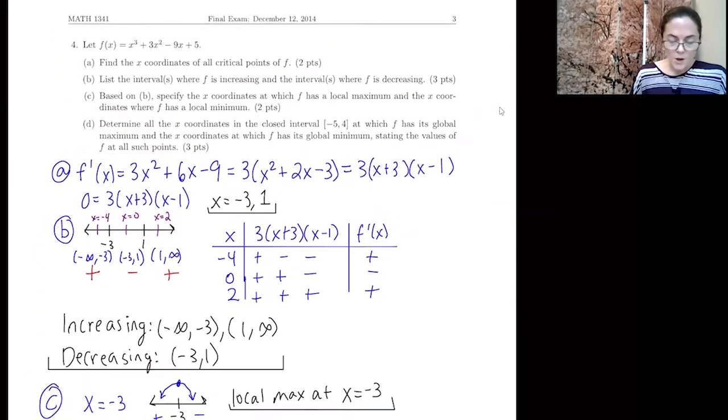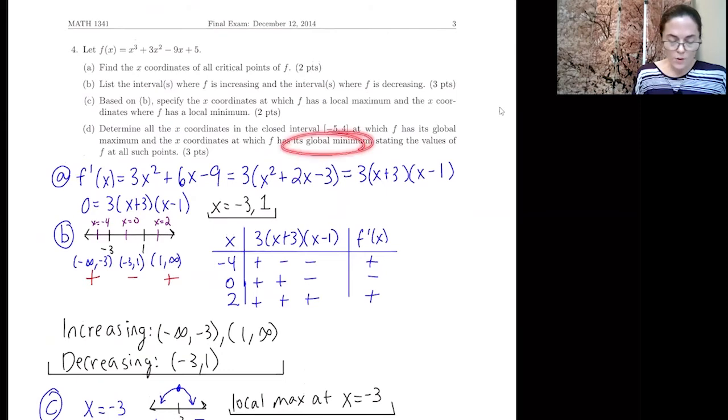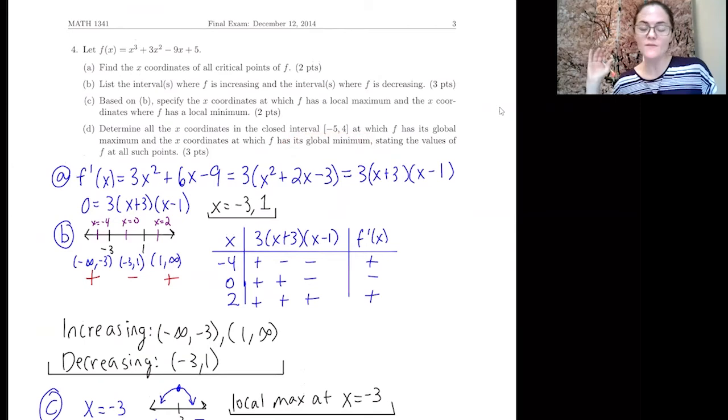So when we're looking for global, it does not matter if you're increasing then decreasing or decreasing then increasing, because you could have a lot of local extrema that are not global extrema. What matters for global max, you want the highest overall y value. And for global min, you want the lowest overall y value. And on a closed interval with a continuous function, we know these must both exist.